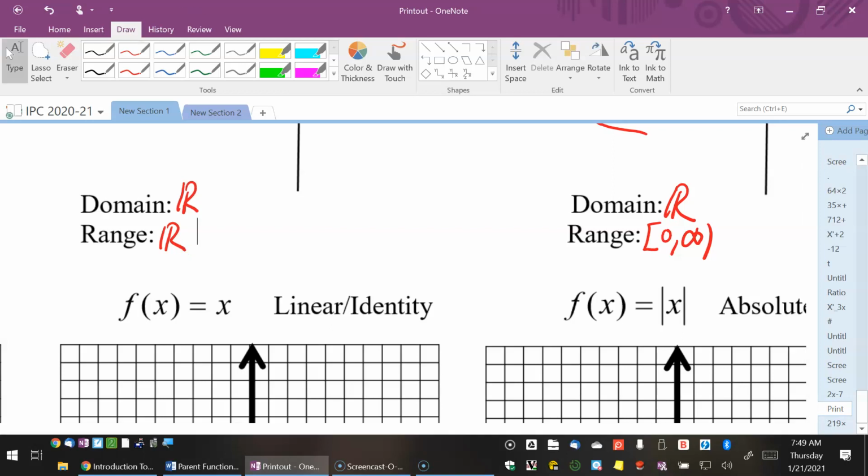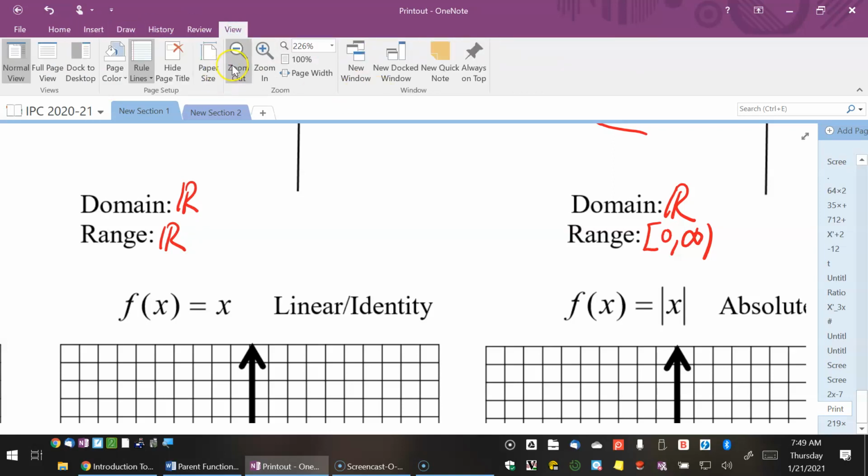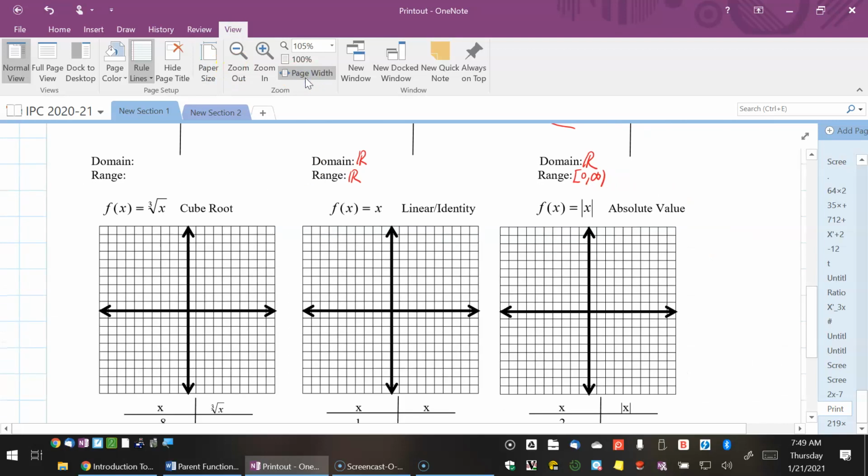Now, let me give you a word of caution. You are going to have to know all of the anchor points for all 6 functions, okay? Because these anchor points are going to serve as our starting point for every function that we look at.